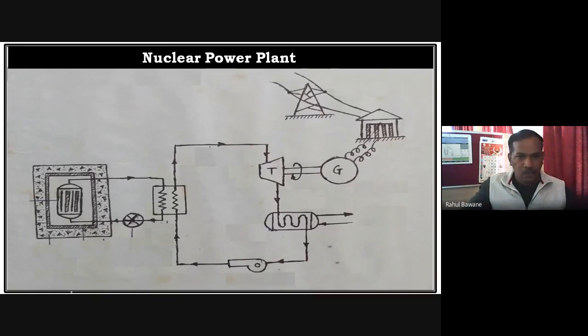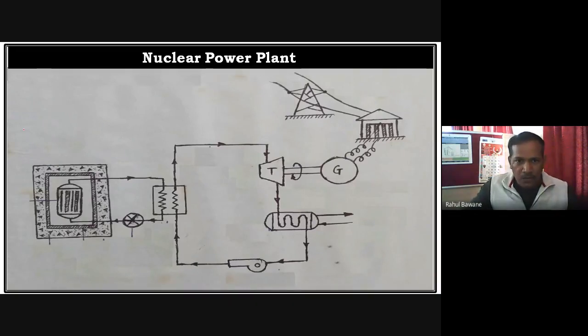Okay. So what is the change in a nuclear power plant? As I said, in a nuclear power plant, we are using radioactive fuel, nuclear fuel, maybe plutonium, maybe uranium, maybe thorium. So there is a possibility of spreading of nuclear radioactivity. So our nuclear power plant is divided into two parts.